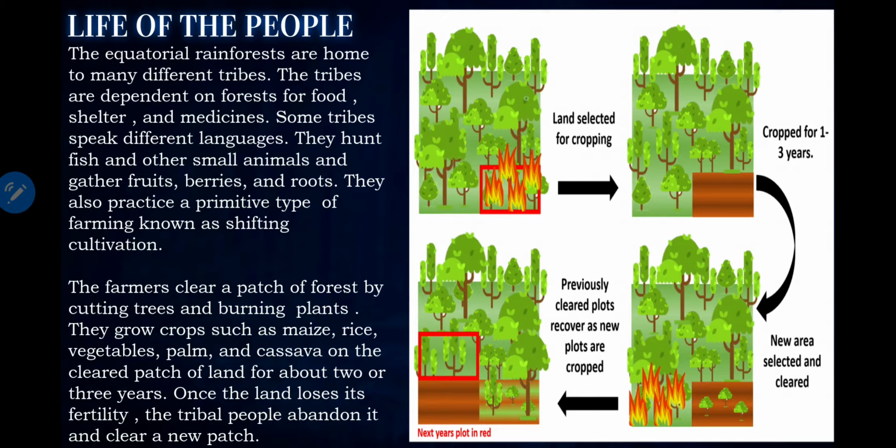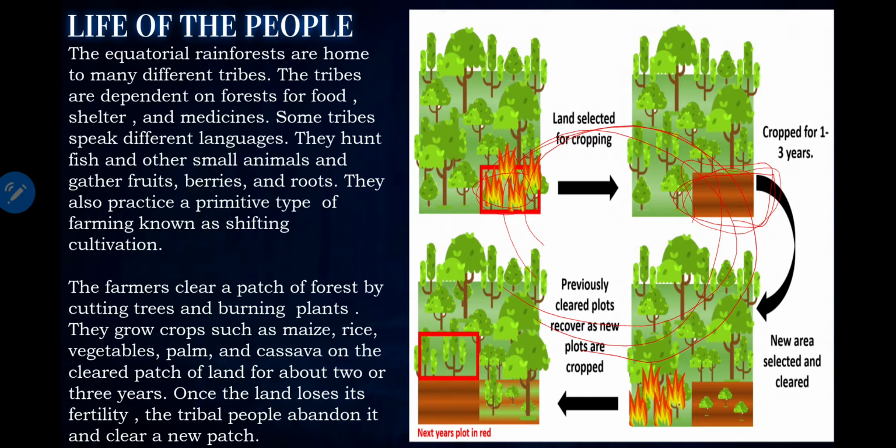So now in this picture you can see land selected for cropping, right? This land is then cropped for 3 years. This is a cleared patch. Now a new area is selected and cleared, and then previously cleared plots recover as new plots are cropped. So this process is called what? Shifting cultivation. The farmers clear a patch of forest by cutting trees and burning plants.